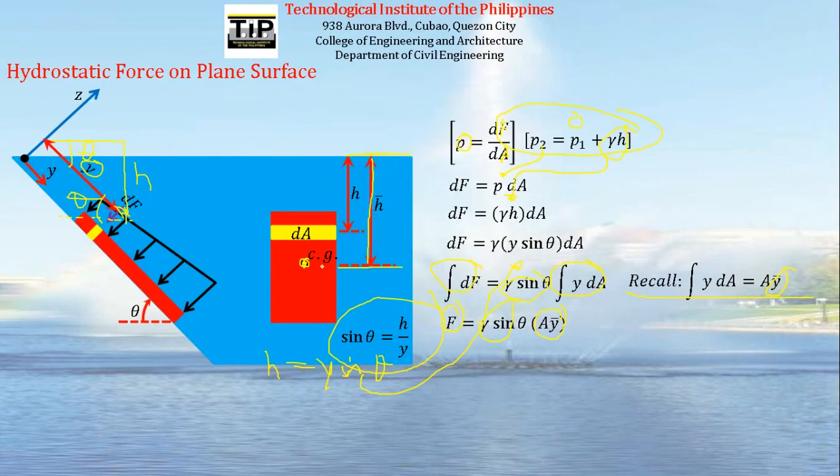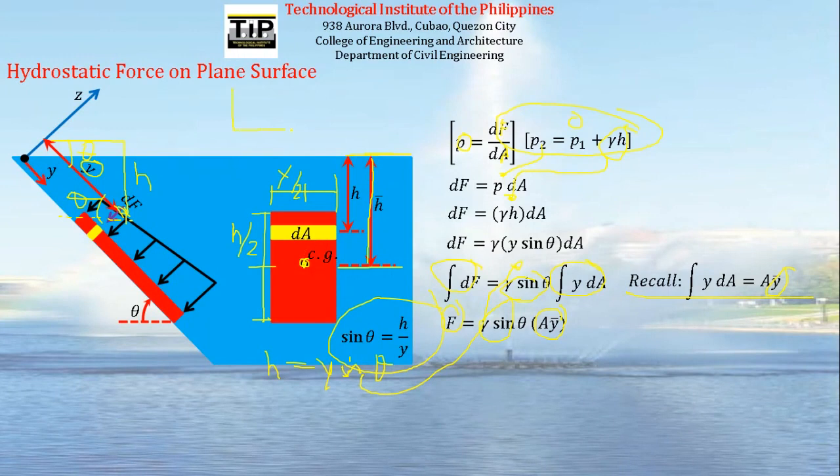So center of gravity of a rectangular plate is located at what? H/2. Okay? So kalahati nung height dito sa axis na to. Pero dito sa axis na to, yan sa x-axis, yung center of gravity natin is located at x/2. So that's how we compute the center of gravity.